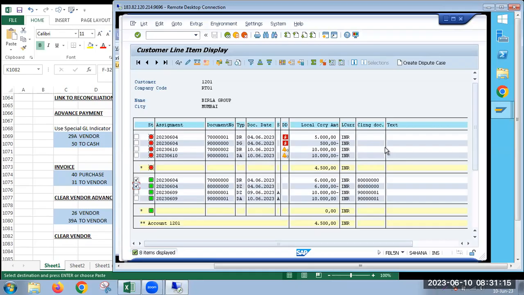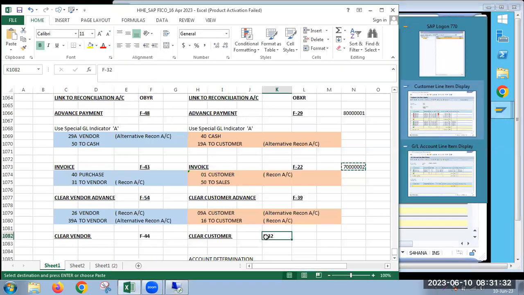That number will be the clearing document number for these two. The system will internally create one document for clearing this transaction. So these two documents we will consider for clearing with F-32, the same way as F-44.